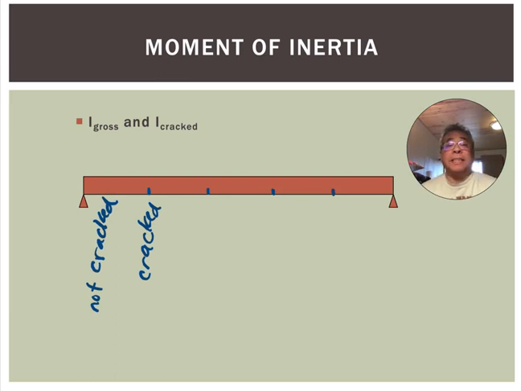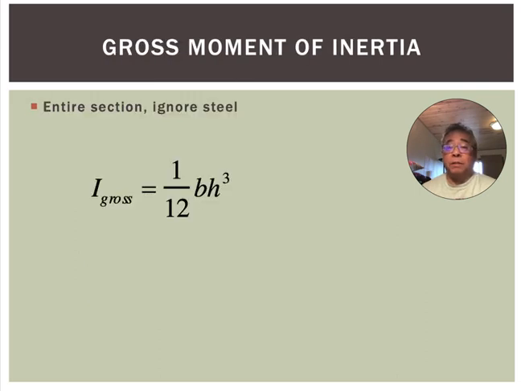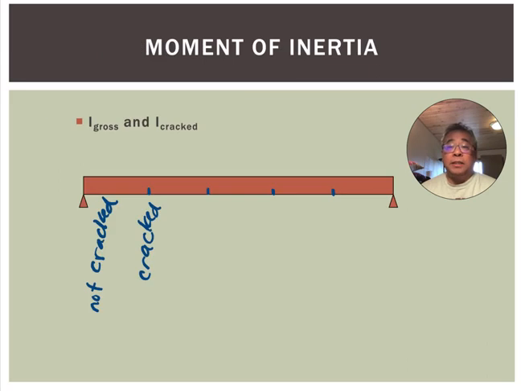So the question is, which moment of inertia are you going to use? The cracked moment of inertia or the gross moment of inertia? And as a quick reminder, the gross moment of inertia for a rectangle is 1/12 bh³. So do you use the cracked moment of inertia, which is over maybe just 4 spots over very small distances, or do you use the gross moment of inertia, which is almost everywhere else in the beam? What would you use?